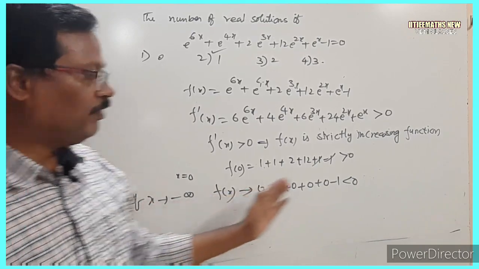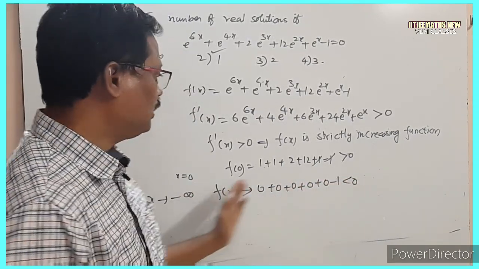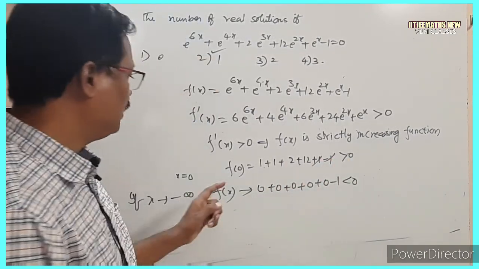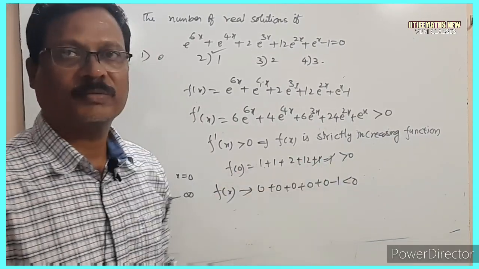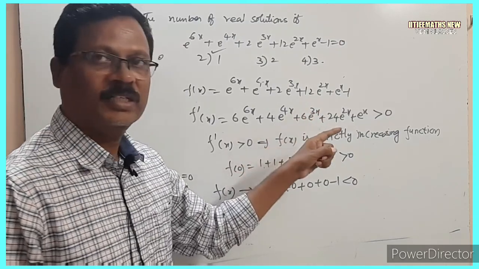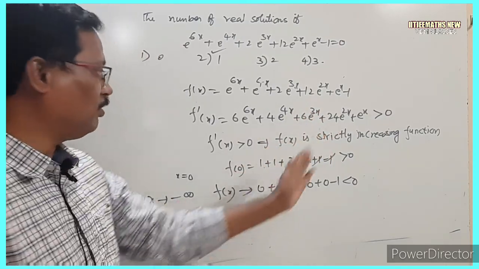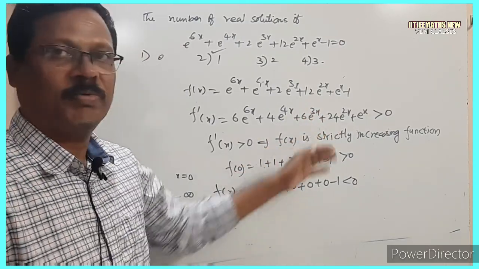Now over the real numbers from minus infinity to plus infinity, f(x) is strictly increasing and its sign changes from minus to plus.